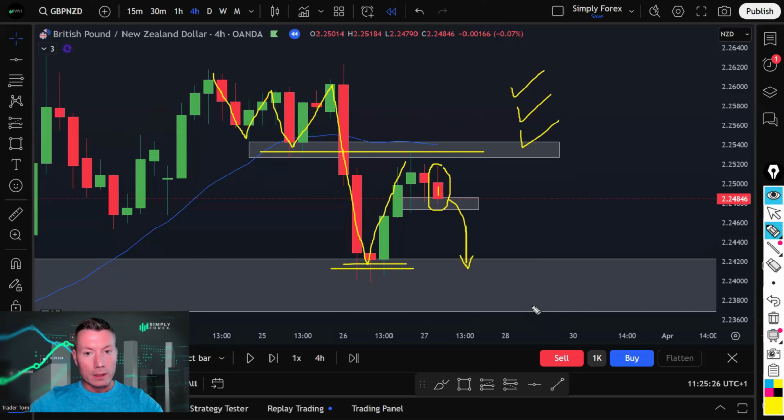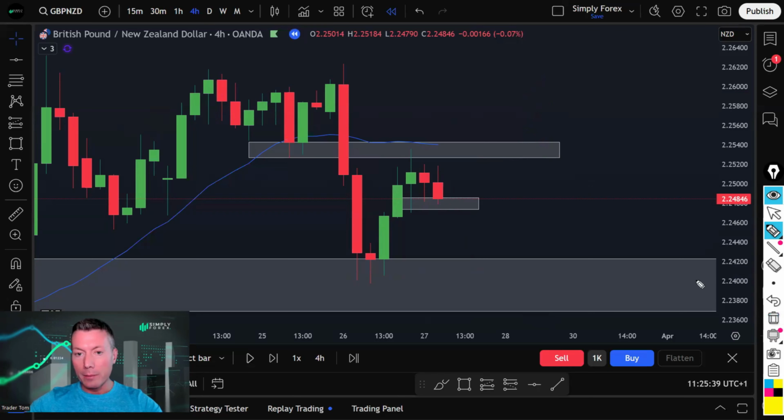So this was tick, tick, tick on the H4. So although the daily chart didn't tick all the boxes, the H4 did. And literally entered in here, started selling, stop loss above here, and was looking to take price down to here. Get my 1:1, take some profit, and leave some profit to run.